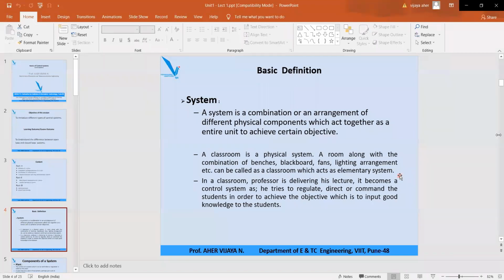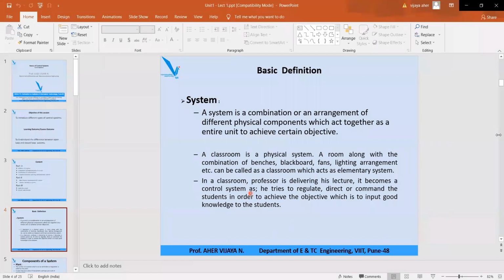Now, along with the physical components in a classroom, what is the live component? The live component is the professor delivering his or her lecture, right? So it becomes a control system, because the teacher, faculty or professor is controlling that system. Are you getting the things, students?